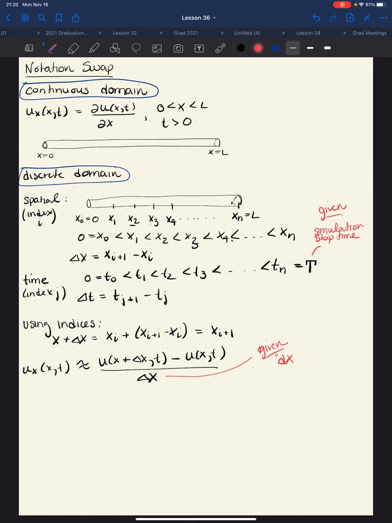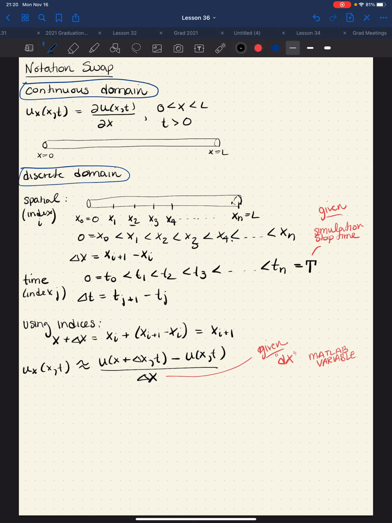So usually I'll use this as my MATLAB variable for delta x. I'll also use dt, little d, little t, for delta t. So anyway, it's completely up to you.